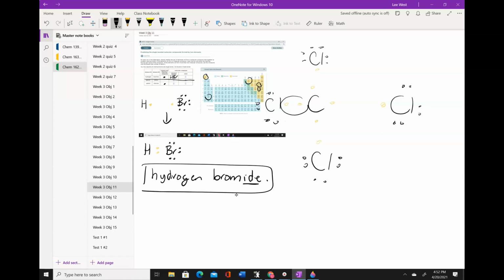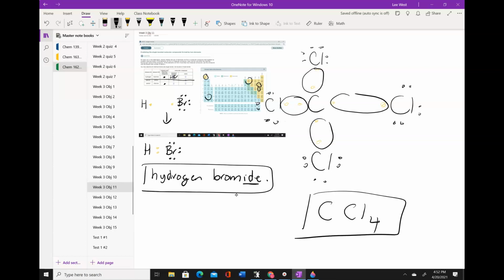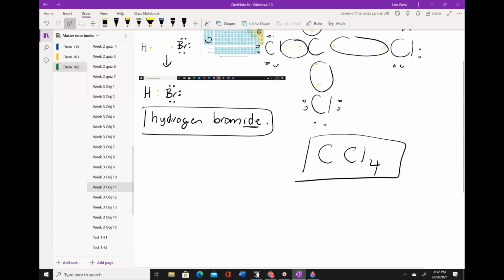And then when the compounds form, these unpaired dots are going to become shared electrons. So our compound would end up being CCl4. So what's the name of this?